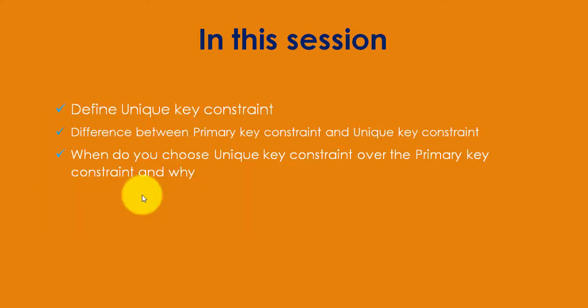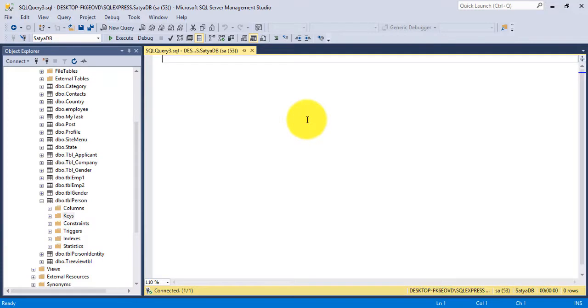Open SQL Server, and let's create a unique key on the table tbl person, for the column email, using the graphical method as well as using a query. You can get the script of the tbl person from my previous session.